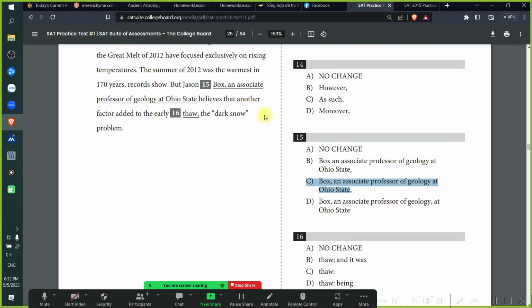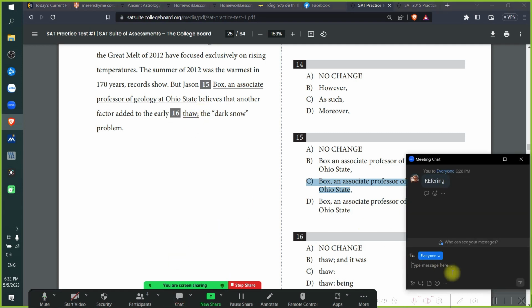16. Believe that another factor added the early thaw, semicolon, chấm phẩy, semicolon. The dark snow problem. So what do you choose for 16?